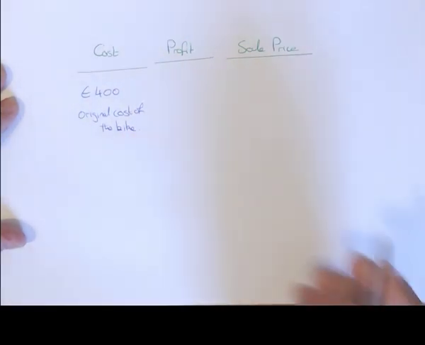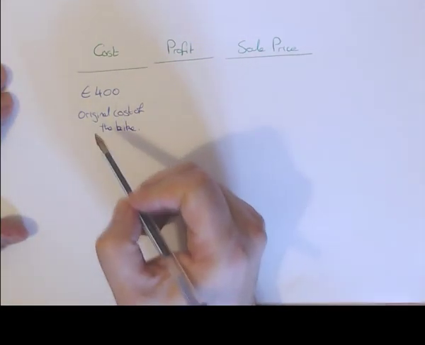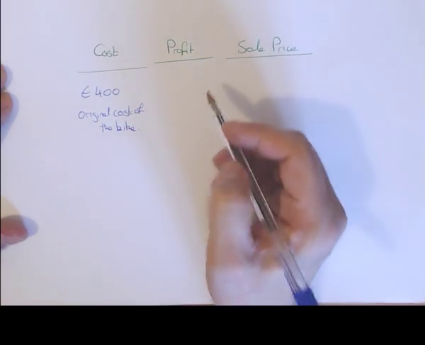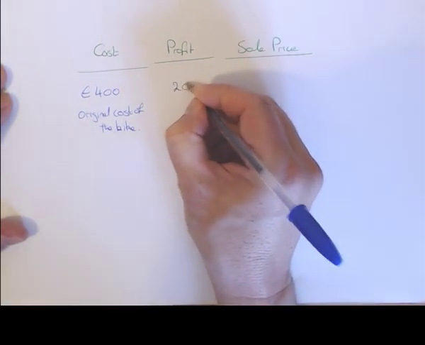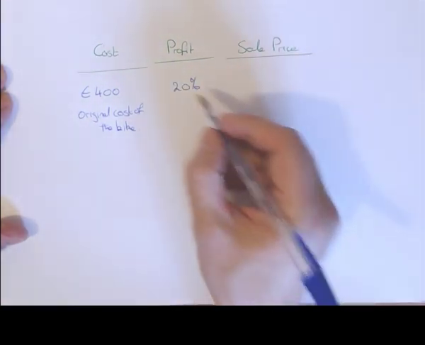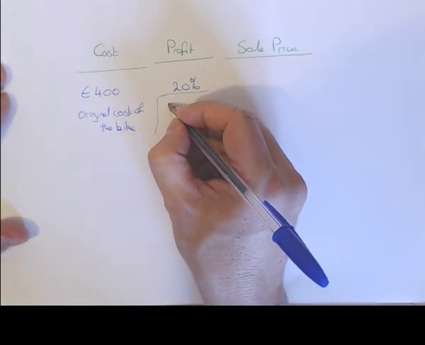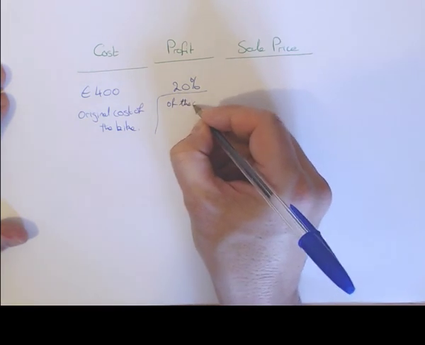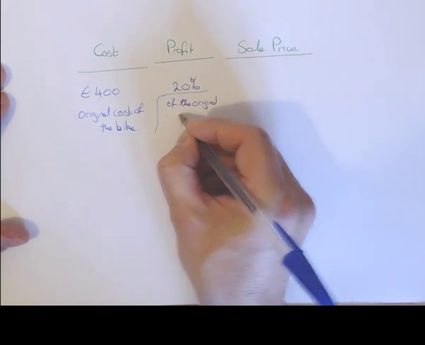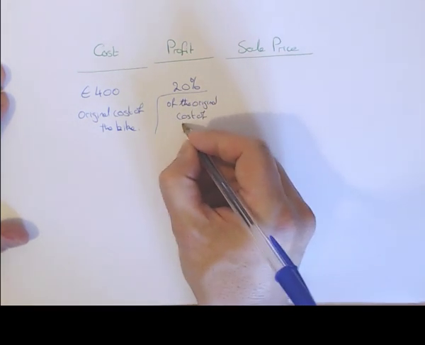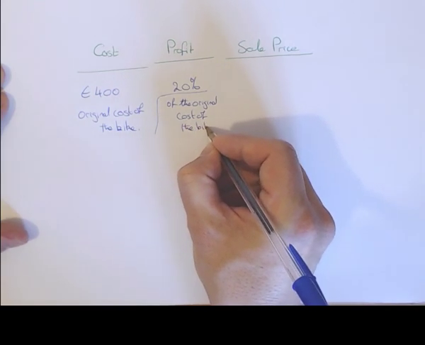Okay. Let's say you bought it for €400 and you want to make a profit of 20%. Of course, when we say 20%, we mean a profit of 20% of the original cost of the bike.